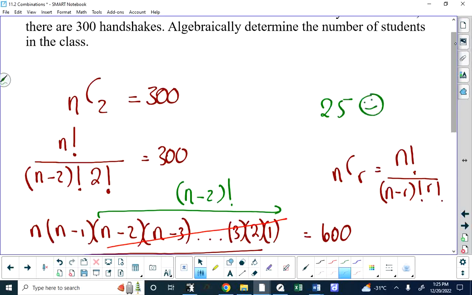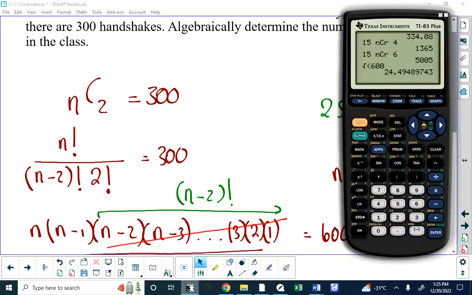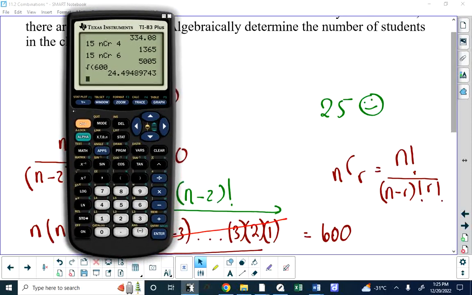And you can very clearly confirm that on your calculator by just going 25, choose 2, which brings up another important point. If I put in for y 25, choose 2, and I use my table, whoops.